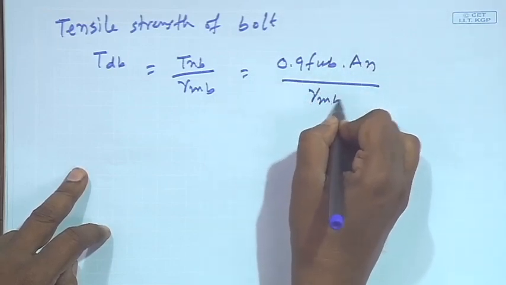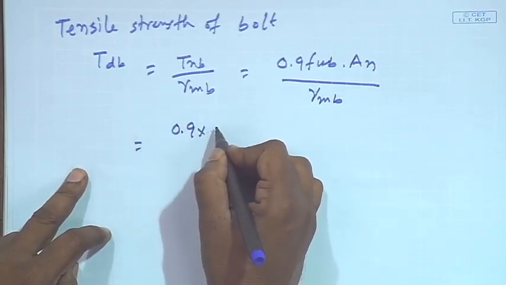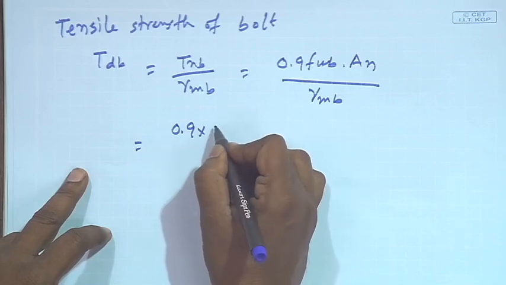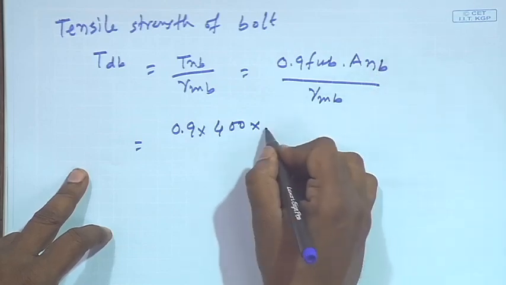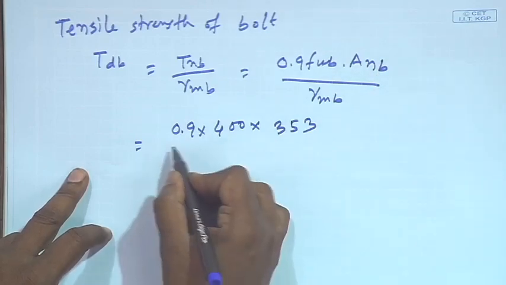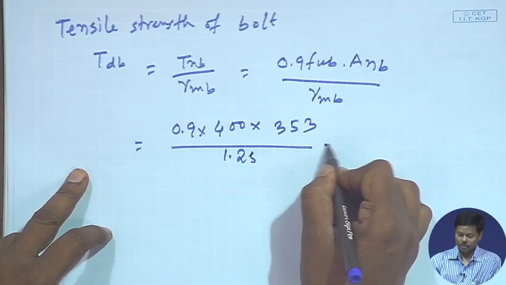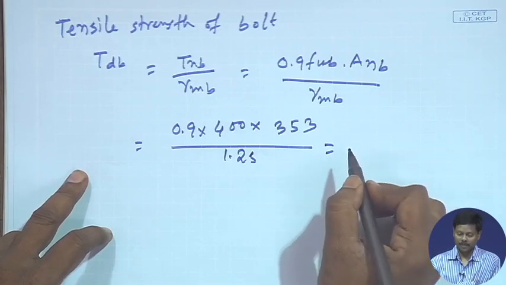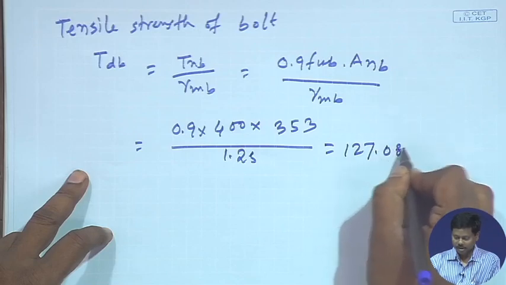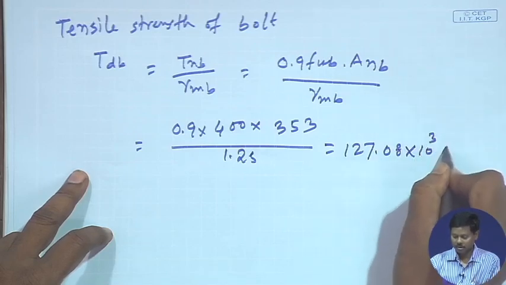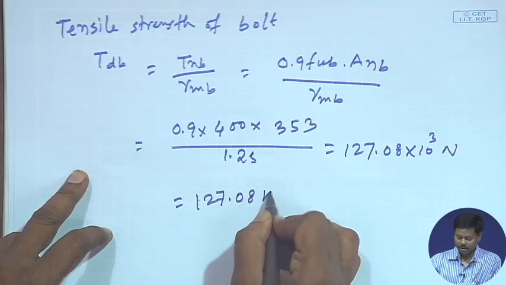If I put the values, FUB is 400, ANB is 353, and gamma MB is 1.25, we can find out 127.08 into 10 to the 3 Newton, or 127.08 kilonewton.